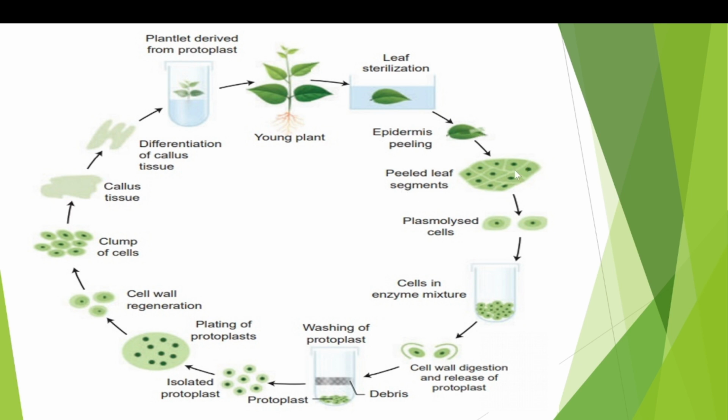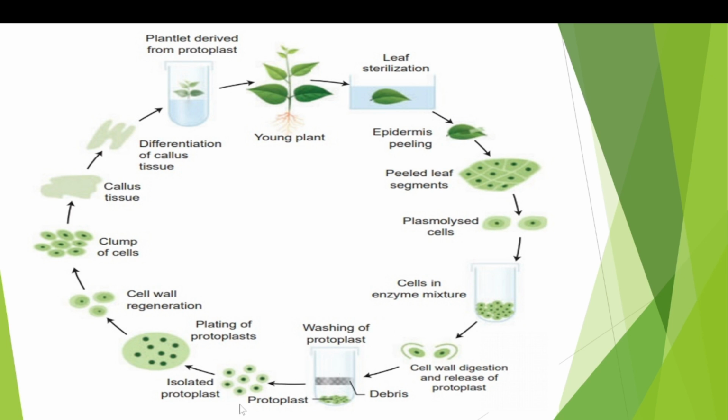This peel contains different types of cells; separate these cells and treat them with enzymes. After treatment with enzymes, the cell wall is dissolved and protoplasts are generated. What is a protoplast? A plant cell without a cell wall. The intact plasma membrane is present, but the cell wall is absent. Then this protoplast is used for genetic manipulation.